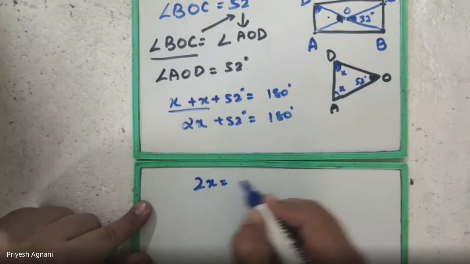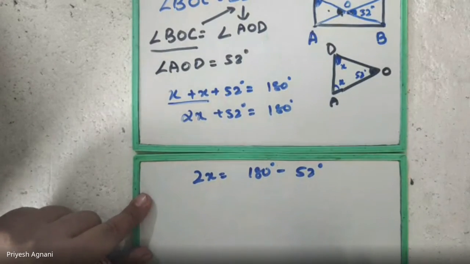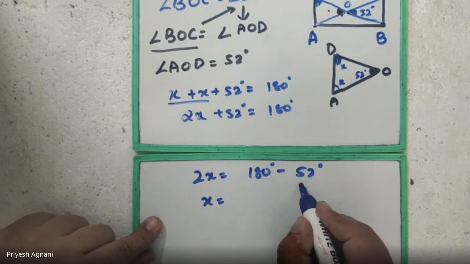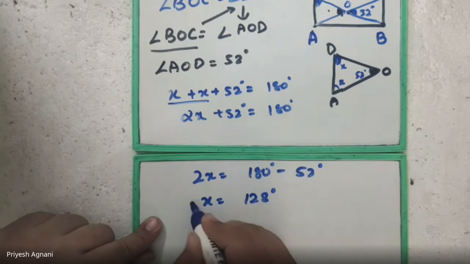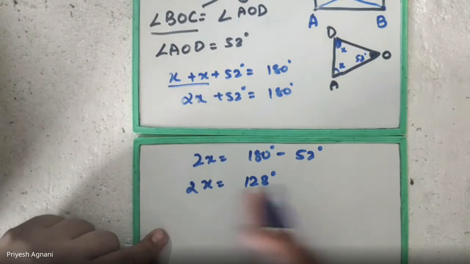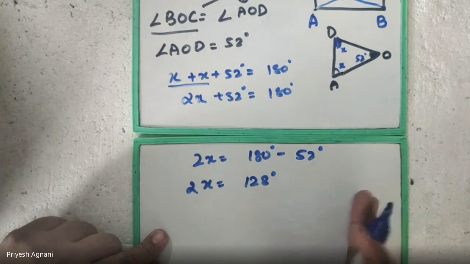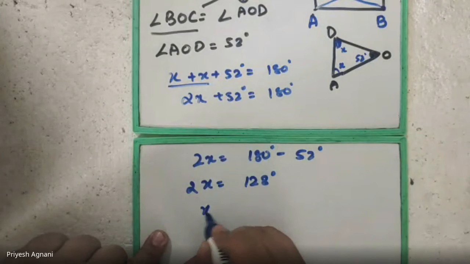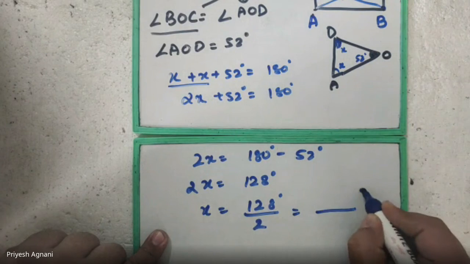So 2x is equal to 180 degree minus 52 degree. Step by step लिख रहा हूँ. 2x is equal to 180 minus 52, that comes up to 128 degree. अभी ये 2 यहाँ पे मल्टीप्लिकेशन है. जब साइड चेंज करेगा, तो यहाँ पे डिवीजन होगा. x is equal to 128 divided by 2, which is equal to dash degree.